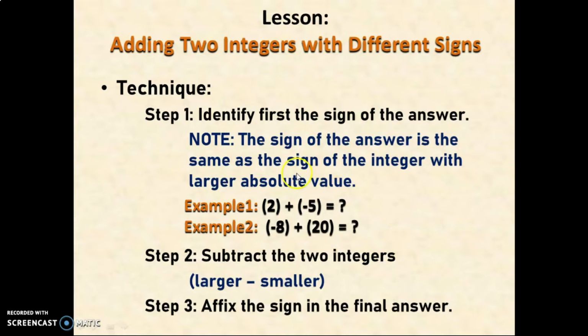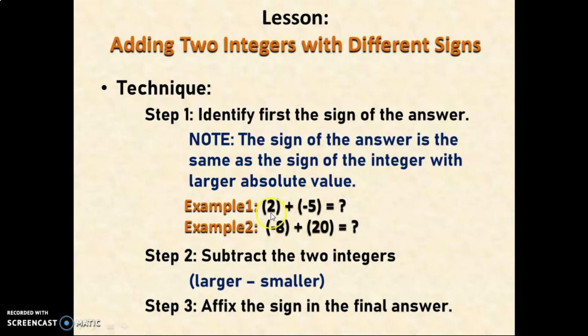Okay, so let's discuss each step further. Step 1, identify first the sign of the answer. Now, how do we do that? Take note of this. The sign of the answer is the same as the sign of the integer with larger absolute value. Okay, in our two examples, we have here 2 and -5. Now, in terms of absolute value, meaning disregarding the signs, mas malaki yung 5 kaysa sa 2.